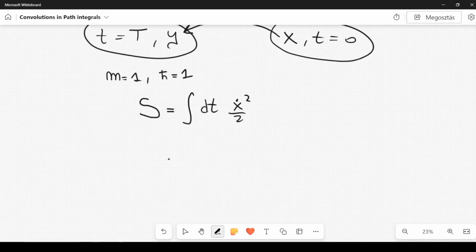And then we have the exponential of the kind e to the i S over h bar, but since we have set h bar equal to 1, we can simply write e to the iS, which is a functional because it depends on x dot. So we can write it like this as a functional.